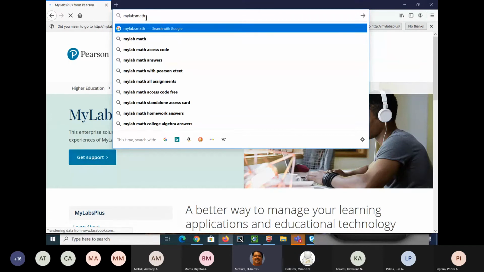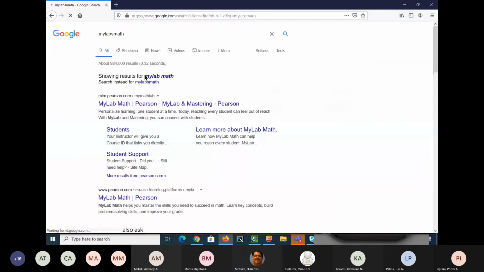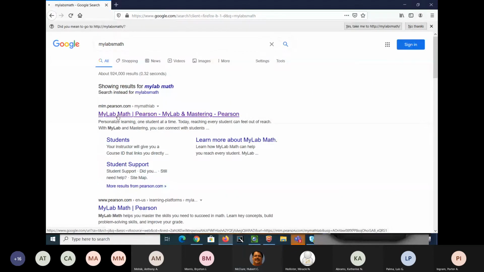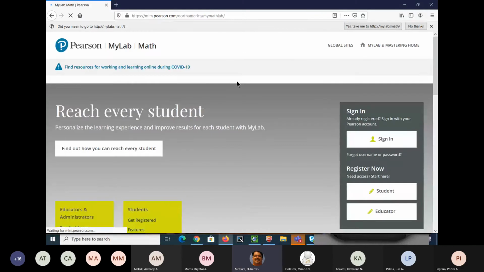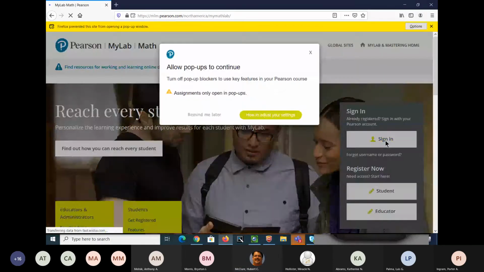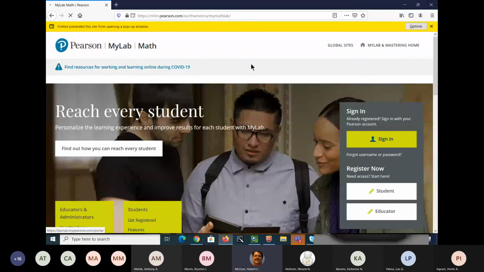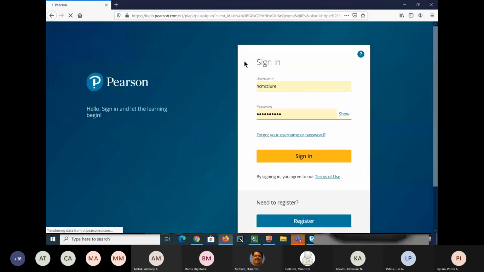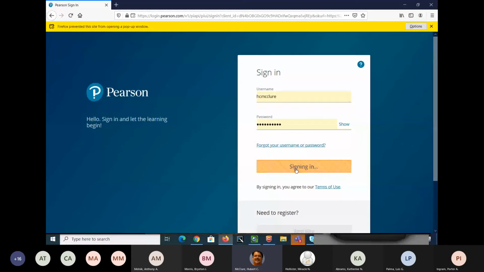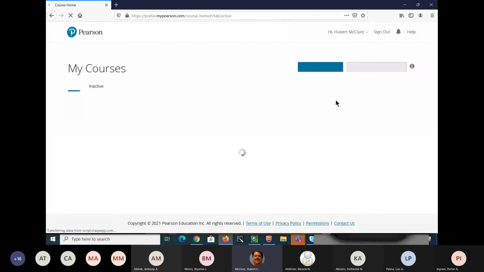MyLabsPlus. That way I feel real good about myself. There we go. Now let's see if I can get on. I hope it remembers my password because I don't remember it. Thank goodness. 1:30.